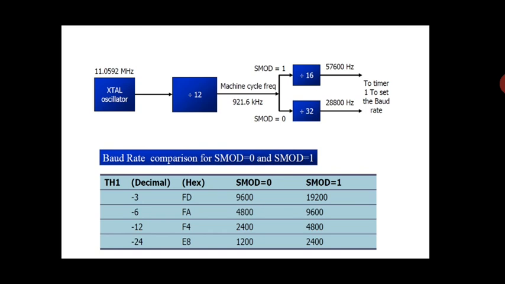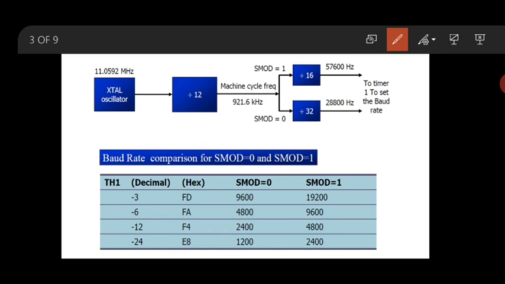Now if I set the SMOD bit through the instruction, this rate is doubled: instead of 32, it is divided by 16. So the rate you get here is 57600, double the previous value.